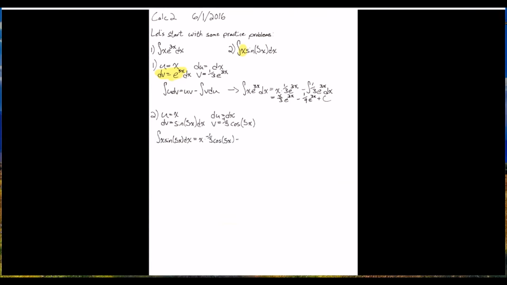And now we're going to be subtracting the integral v du. So I'm going to just go ahead and take out that negative now, make that a plus. Right? Cosine 5x. And our du is just dx again. Right? So now this guy is equal to, we're going to tidy this up a little bit.